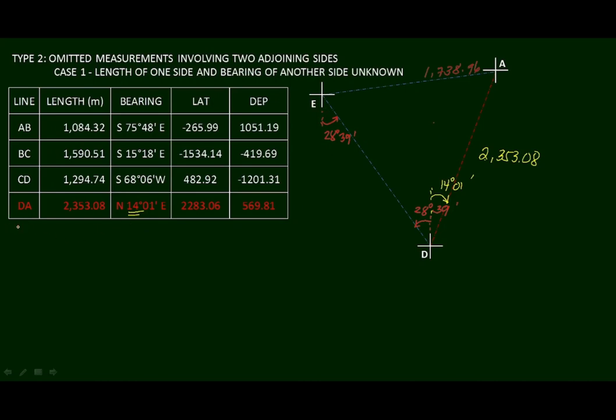Again, ang hinahanap natin dito is the length of DE at saka yung bearing ni EA. So, i-highlight lang natin yung ating mga unknowns para may guide tayo. So, that is the length of DE. Ito ang length ni DE. At saka yung bearing ni EA.